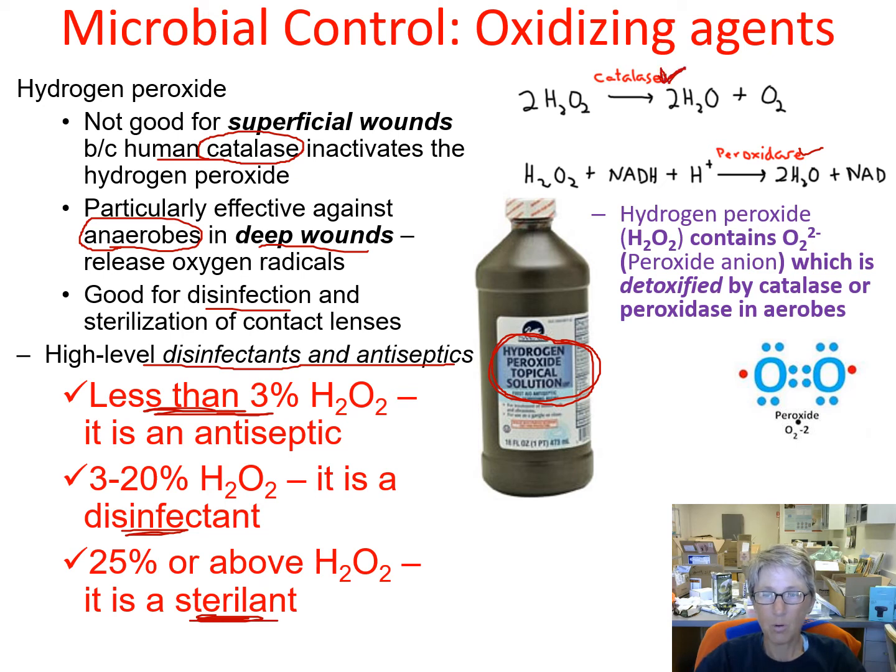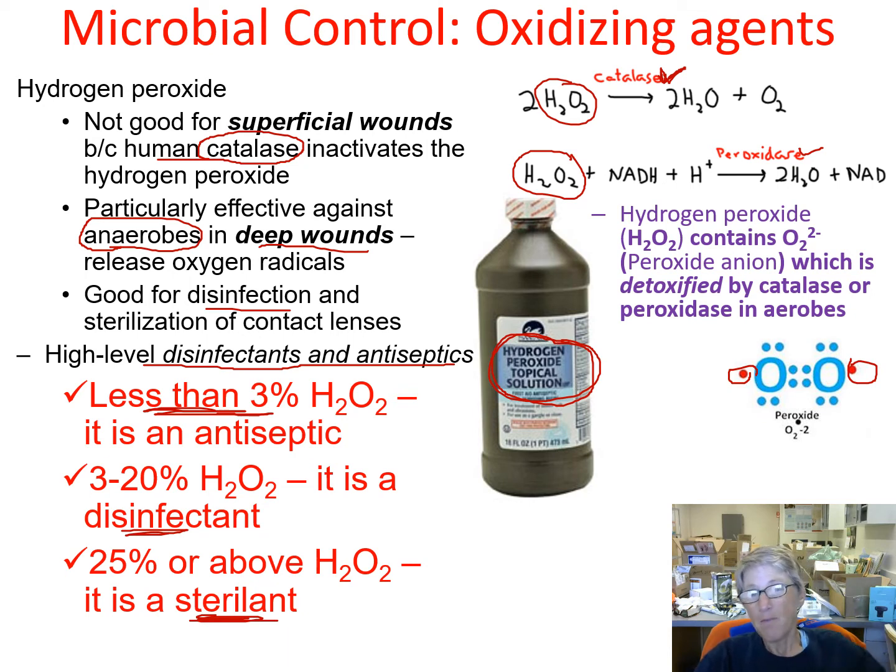And when you put hydrogen peroxide on those microbes and they don't have catalase or peroxidase to detoxify it, it will turn into a reactive oxygen species, this peroxide ion with these free electrons, and will destroy the bacteria.